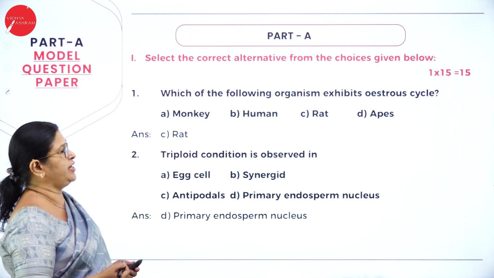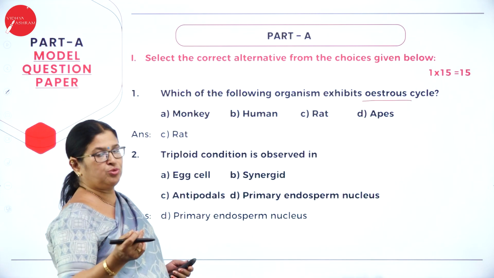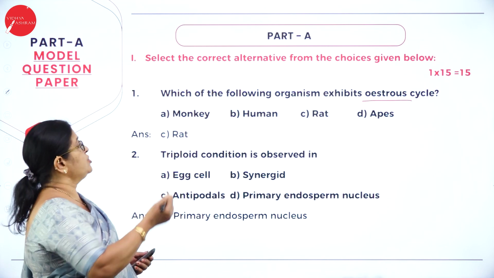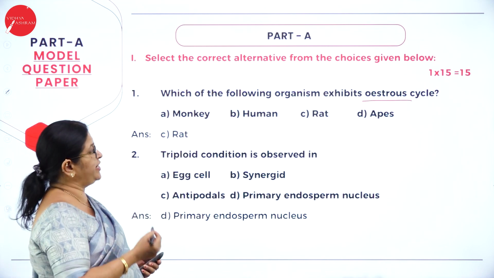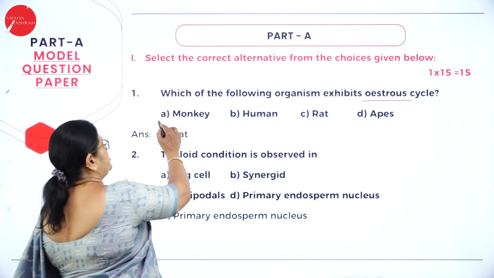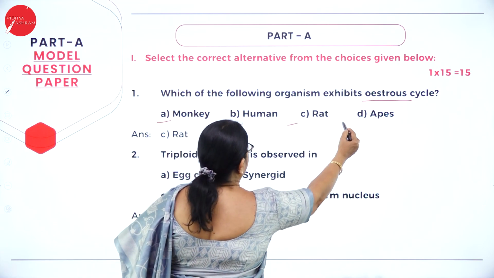Which of the following organisms exhibits estrus cycle? As you know, there are two groups of animals which exhibit either menstrual cycle or estrus cycle. Among the four options, you have to identify an organism which exhibits estrus cycle. Option A, monkey, option B, human, option C, rat, and option D, apes.